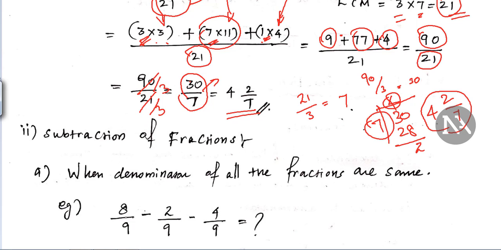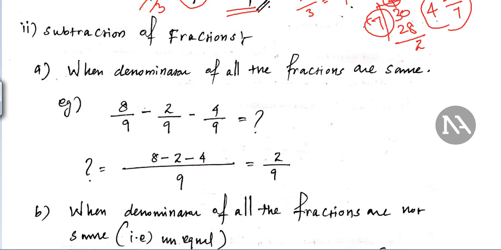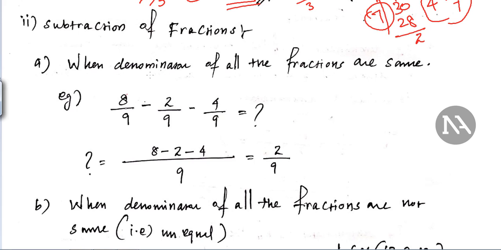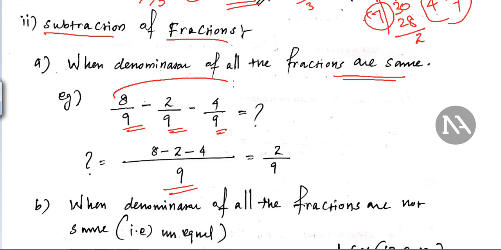Like we did for addition, it is simple to do for subtraction. Same concept. If the denominators are the same, then we can take a common denominator and the numerator values can be easily subtracted. 8 minus 2 minus 4.